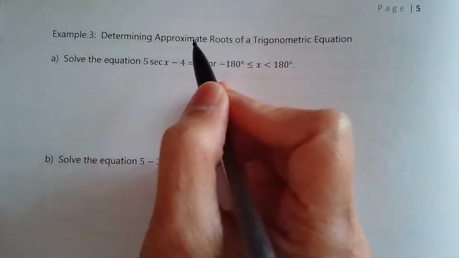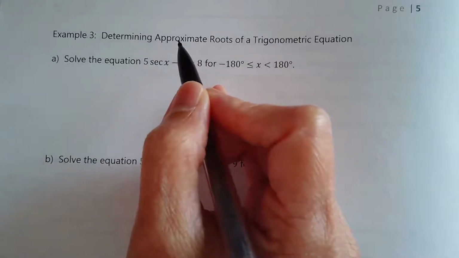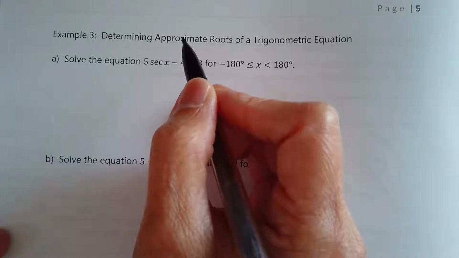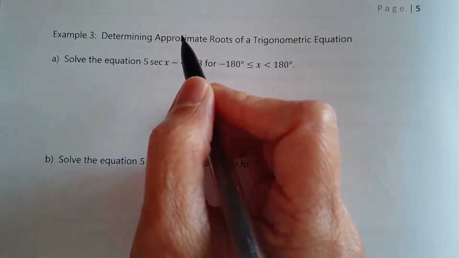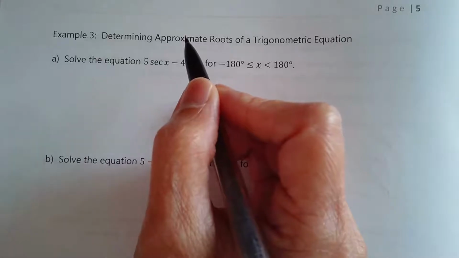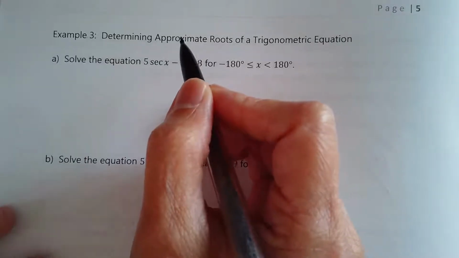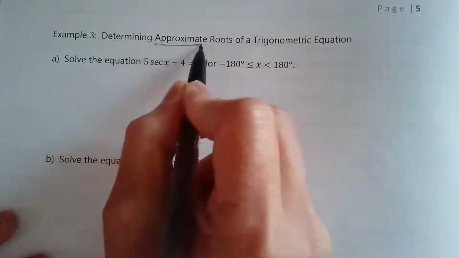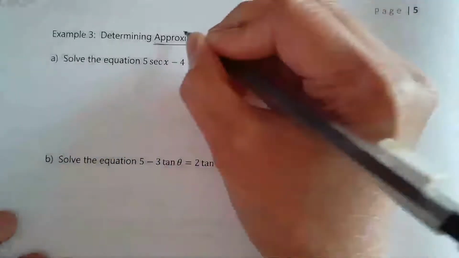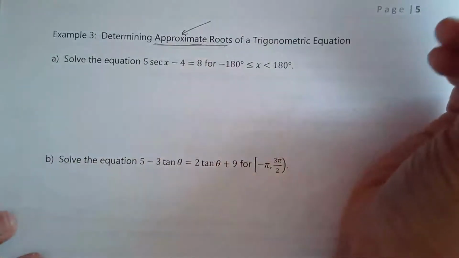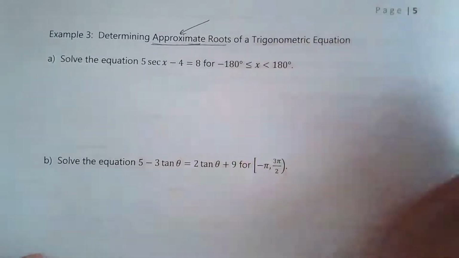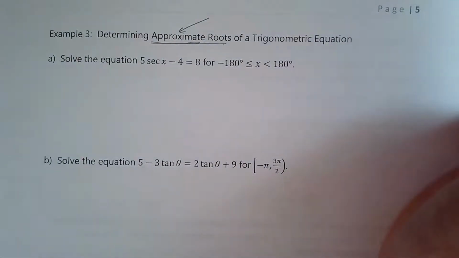When they say in example 2 that they want the exact answer, it has to be one of those special angles. But in example number 3, determining the approximate roots, most likely it's not going to be one of those special angles.